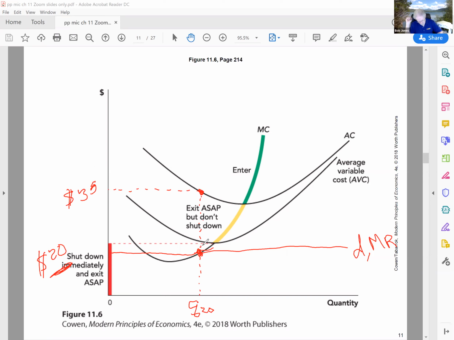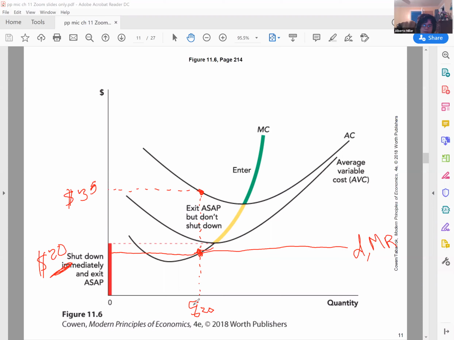So this gap is no longer the profit. Now it's the loss the firm is going to incur if they produce this product. The rectangle would be the amount of loss that the firm is going to experience. If the firm is in this situation, are they going to produce Q20?